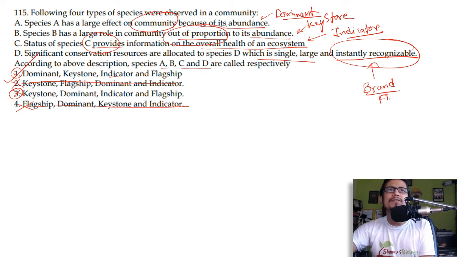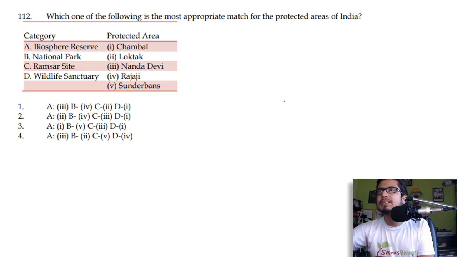And the fourth one says significant conservation resources are allocated to species D, which is single, large and instantly recognizable, a brand species acting as a brand. That is a flagship species. For example, the panda is a flagship species. This is how you answer it.